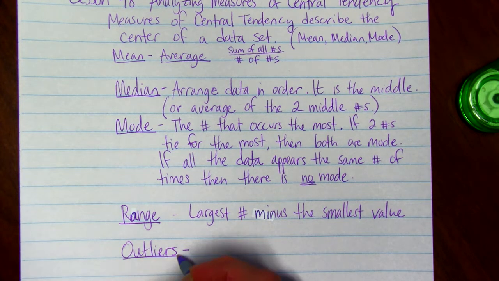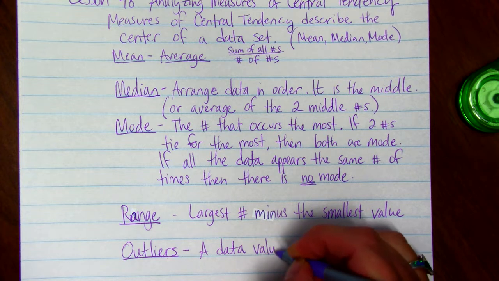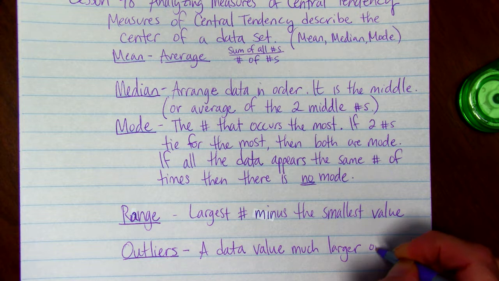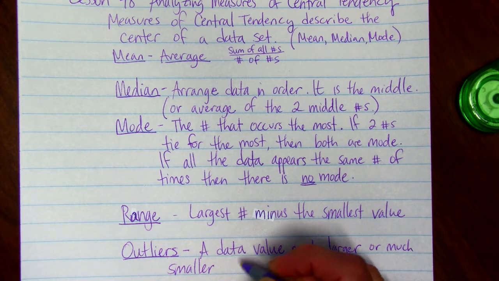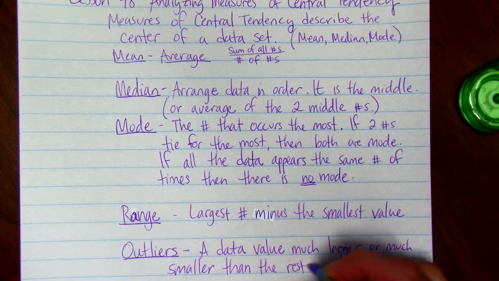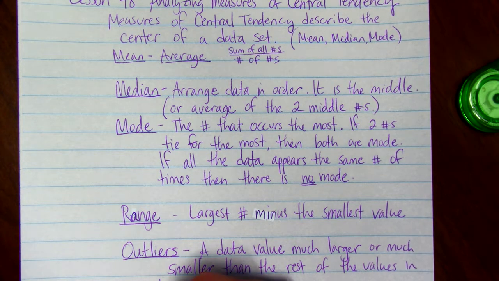They are data values much larger or much smaller than the rest of the values in the set. Outliers can affect our measures of central tendency.